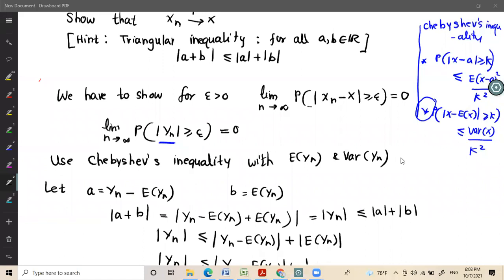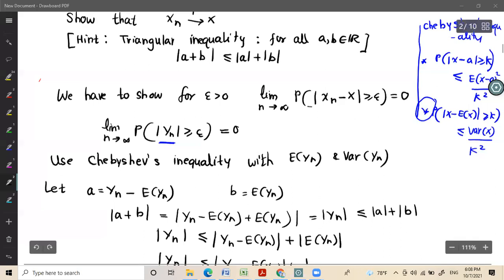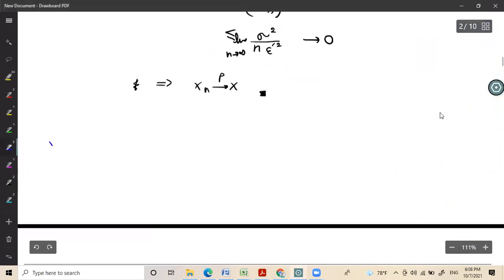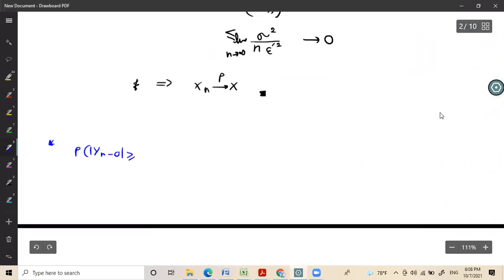Let me check. So the probability that yn is greater than or equal to epsilon is less than or equal to EYN square.